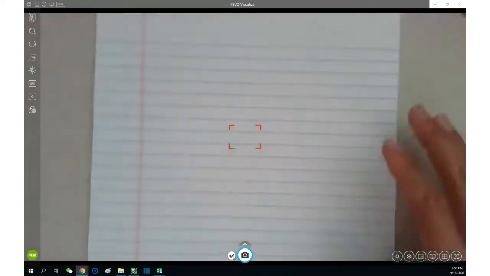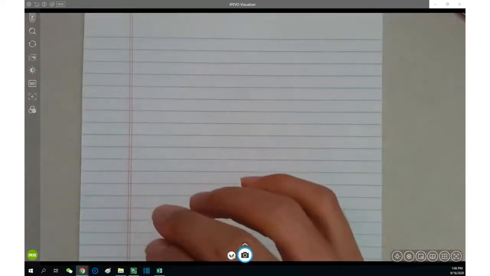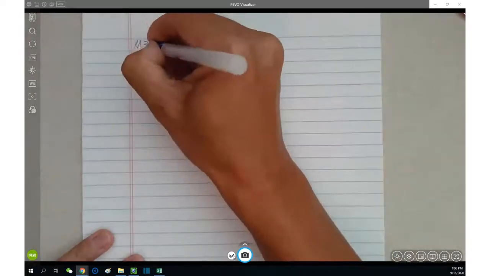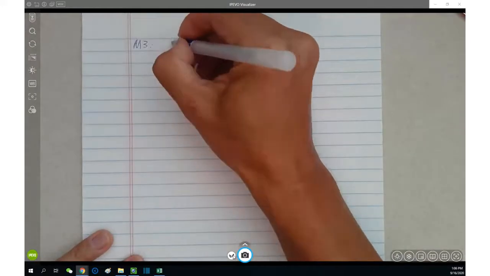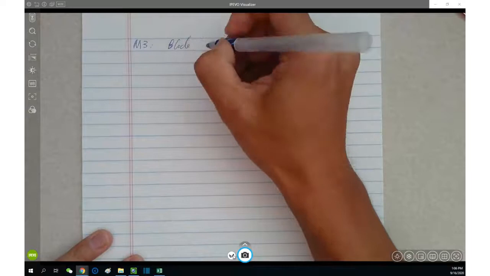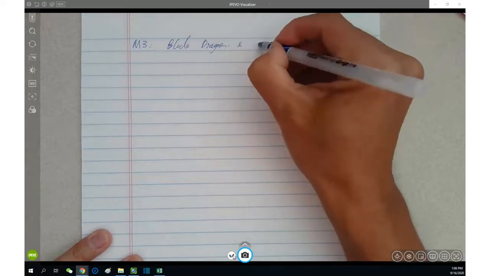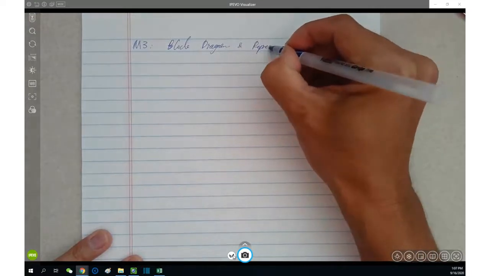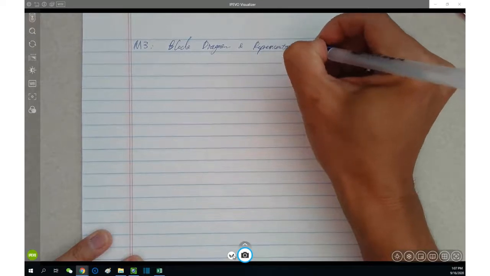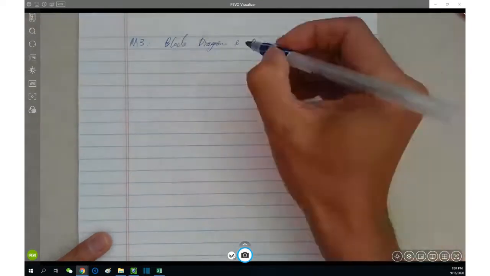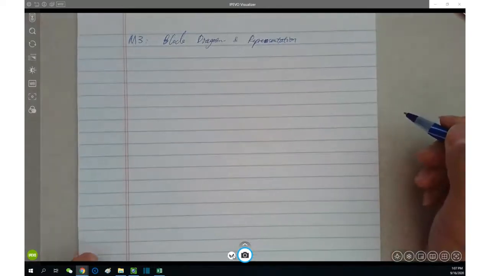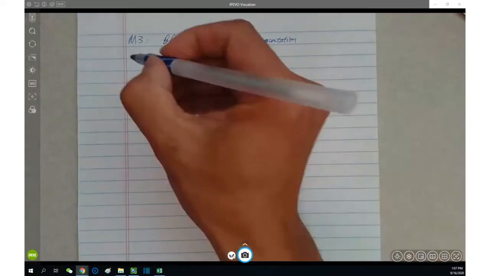Now let's start our module 3, a new module: the block diagram and its representation. So what is this module about?